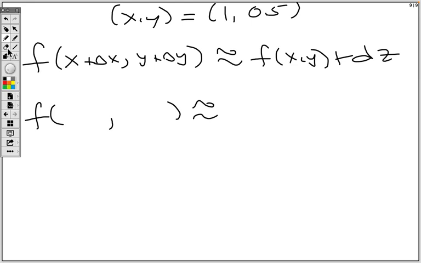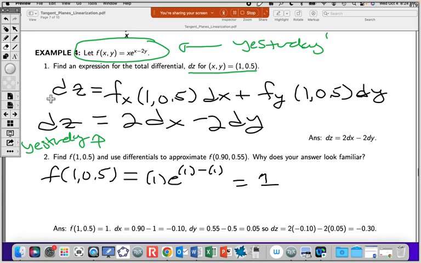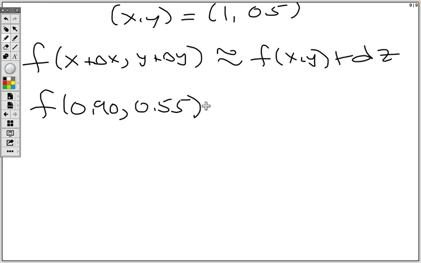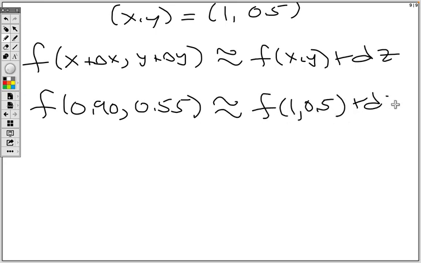So let's figure out what this is going to be here. They want us to approximate f of 0.9, 0.55, using f of 1 comma 0.5. So we've got to figure out what the delta x and delta y is. So their x here is 1 and the y is 0.5.